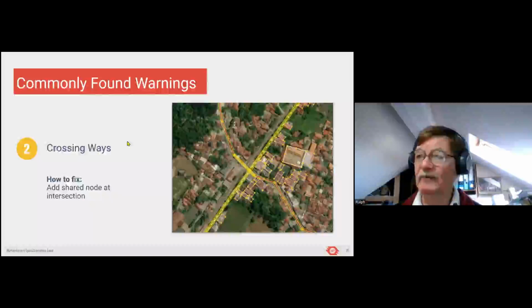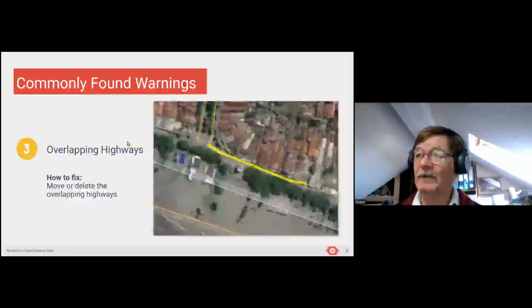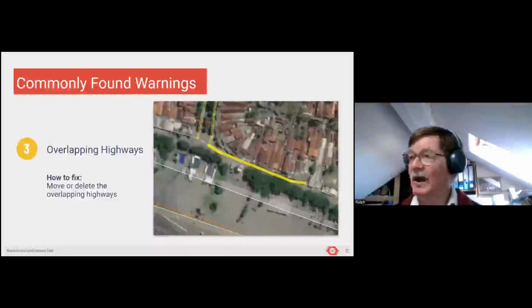Now, crossing ways may be something else as well. It may be overlapping, in other words, one highway on top of another. Someone may have been mapping this gray one here and continued it over to this node here. And then someone mapping from this side would have continued it across this way.